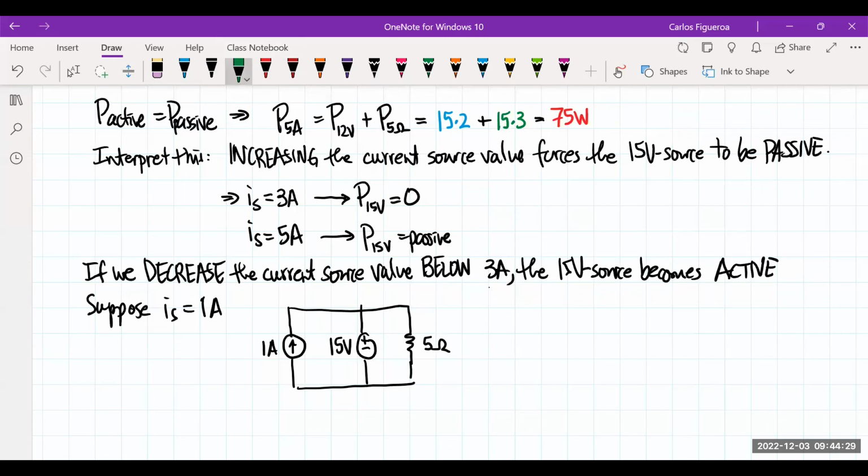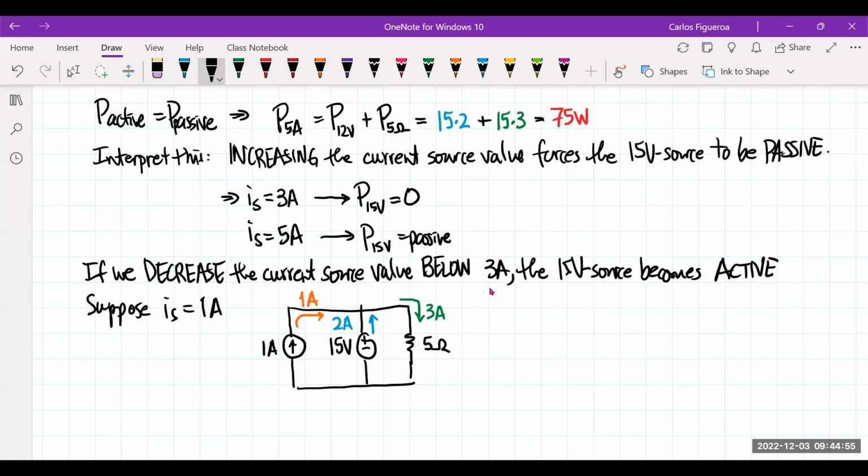This guy continues to be 3 amps no matter what. This one now has a current of 1 amp. So the only way I could have 1 amp becoming 3 like that is if the source puts out 2 amps.